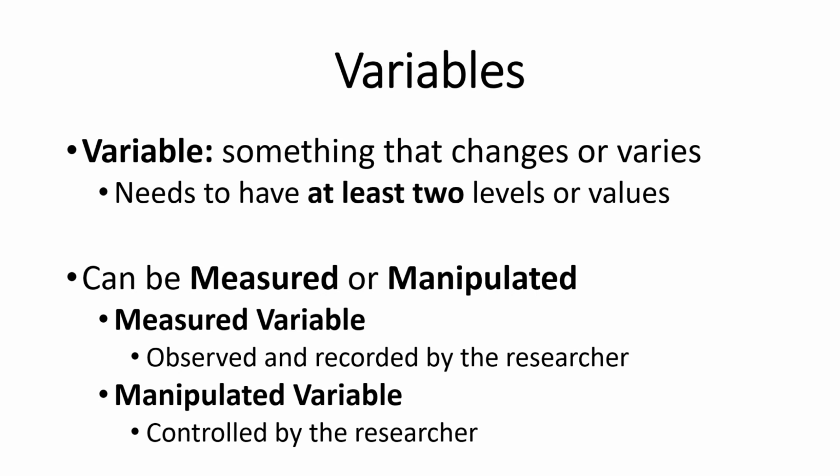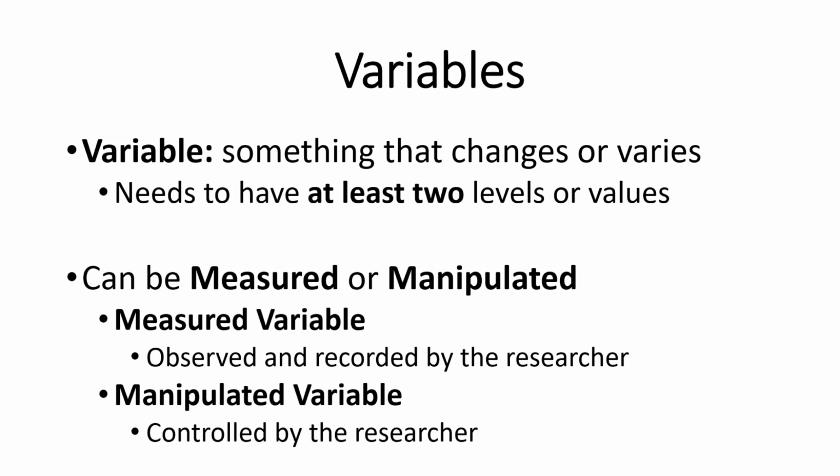So if we were looking at drug levels, maybe we were studying how something changes in response to drugs. And so you would have your control group that has no drug. Maybe you have a low dose group that gets a small dose of the drug, and a high dose group that gets a larger dose of the drug. So that variable of how much drug is given to these people is manipulated by the experimenter. And so quantity of drug is our manipulated variable in that situation.